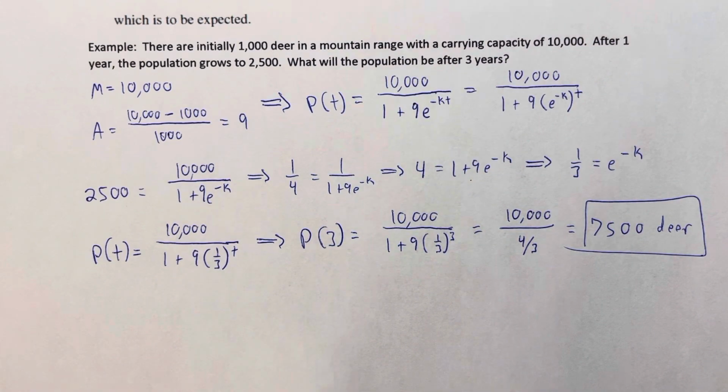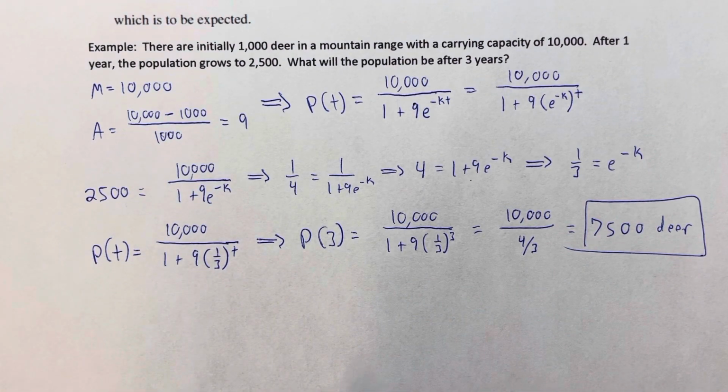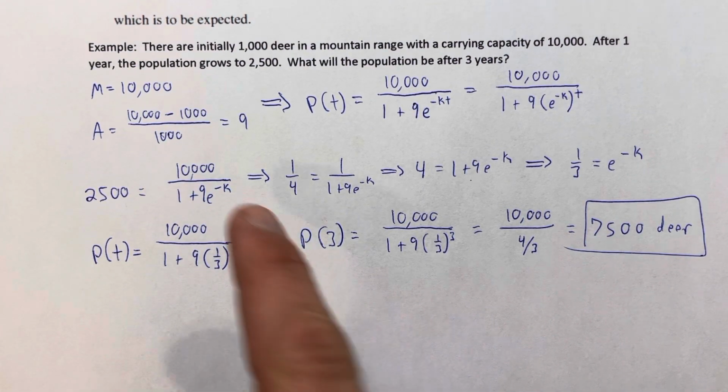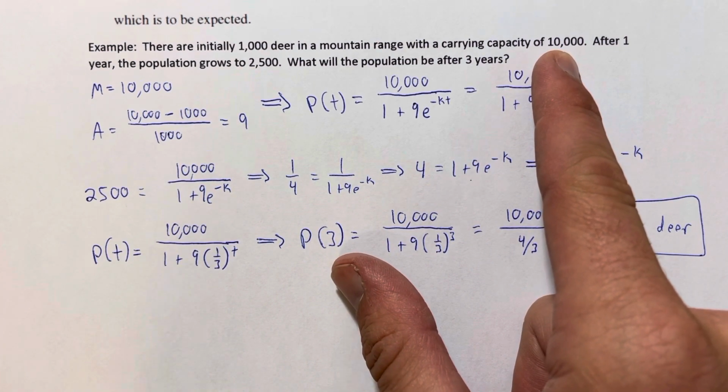I want to point something out that's going to show up in the homework, just to be aware of it. The homework is going to have you do some things with the logistic model as well. And one of the things it's going to ask you to prove is that the maximum rate of growth occurs when we're exactly halfway to our carrying capacity.